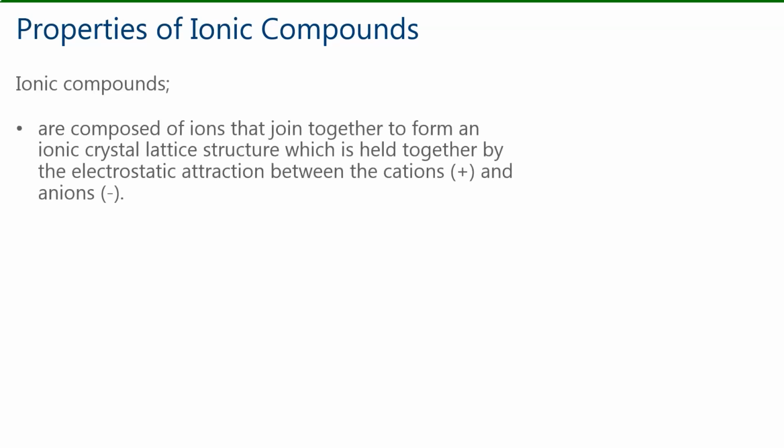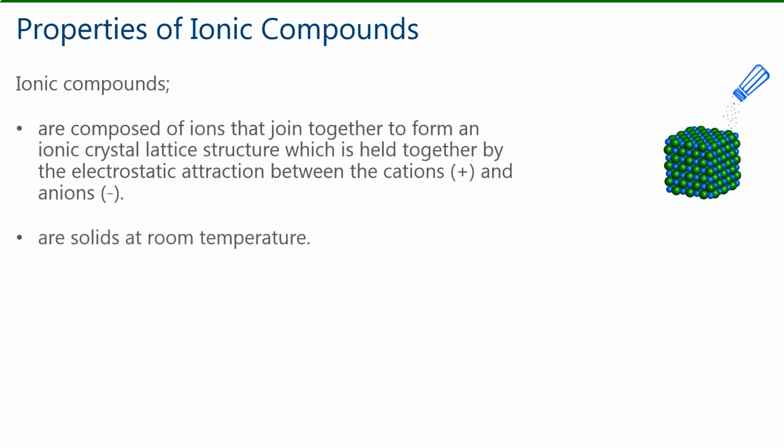Next, let's look at some properties of ionic compounds. Ionic compounds are composed of ions that join together to form an ionic crystal lattice structure, which is held together by the electrostatic attraction between the cations, which are positively charged ions, and anions, which are negatively charged ions. They are solids at room temperature.